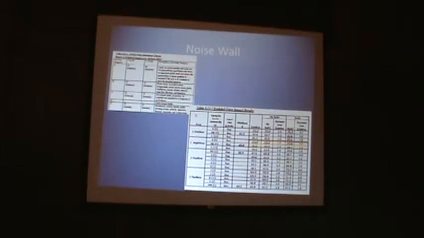The federal design manual says that if you have noise problems, then you need to do a noise wall. And they did, and this was just how they justified they met the federal standard. I don't know how they measured it. I'm just gonna trust that they did.